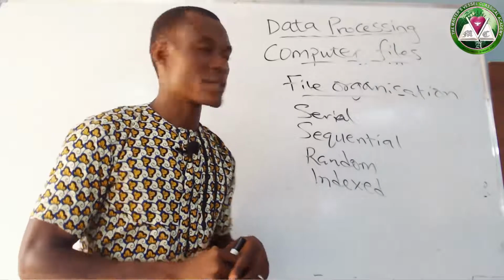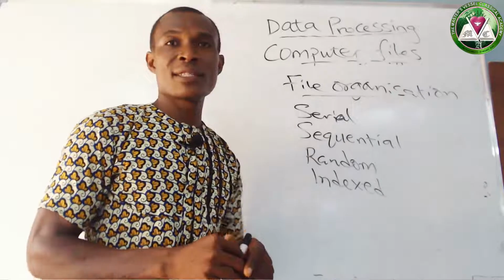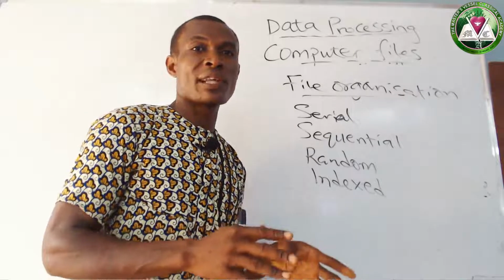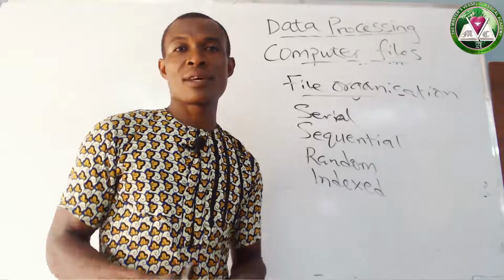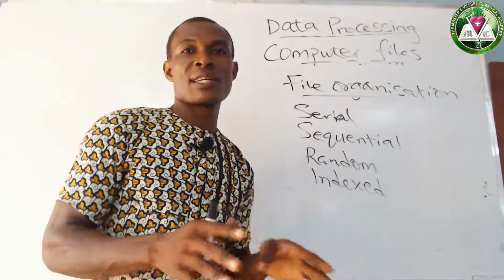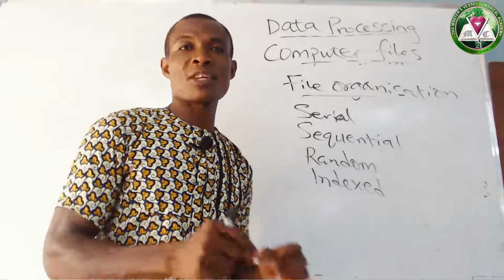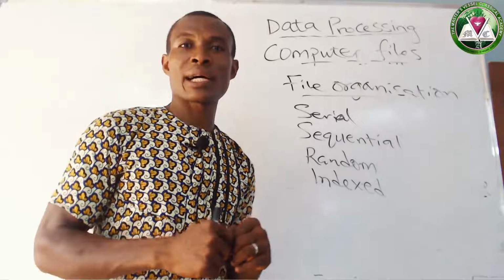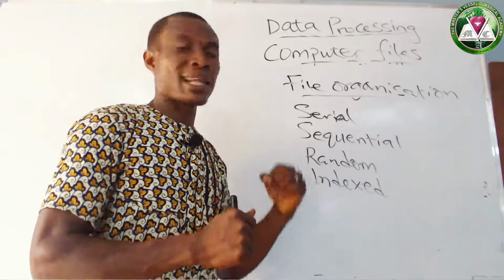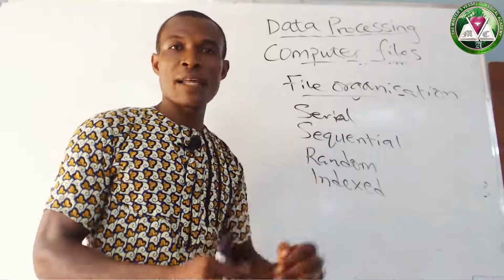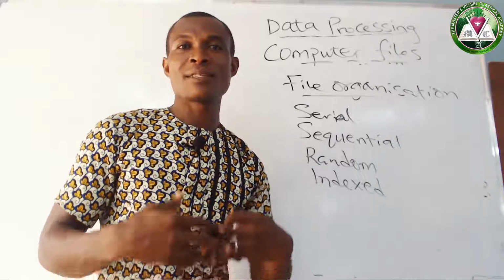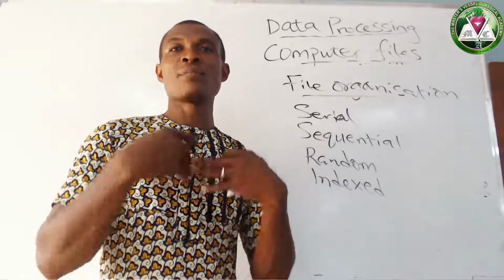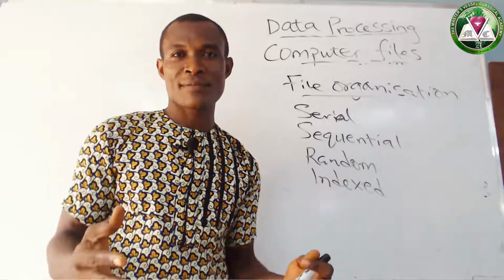Okay? Alright. Now remember, so far we have said that a file is a collection of related records, a record is a collection of related fields, a field is a collection of related data items, and a data item is the smallest unit of information that can be stored. We have looked at classes of computer file. We have mentioned the master file, and we said master file is a computer file with a reasonable amount of permanency.